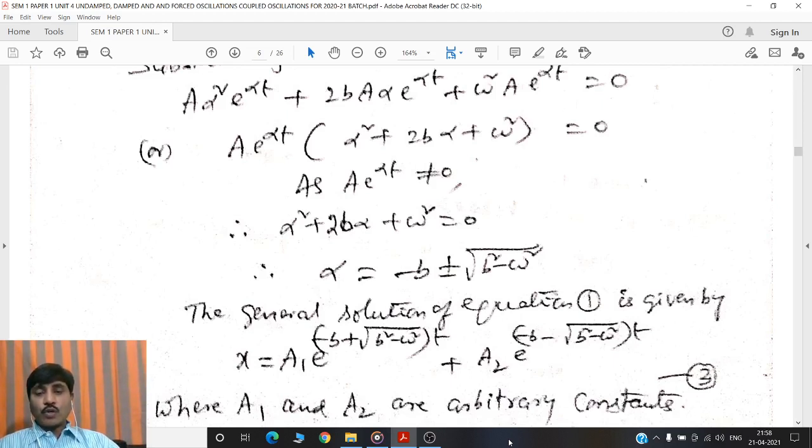The general solution of equation 1 can be written as x equals A1 e power minus b plus square root of b square minus omega square into t plus A2 e to the power of minus b minus square root of b square minus omega square into t. That is equation 3, where A1 and A2 are arbitrary constants.